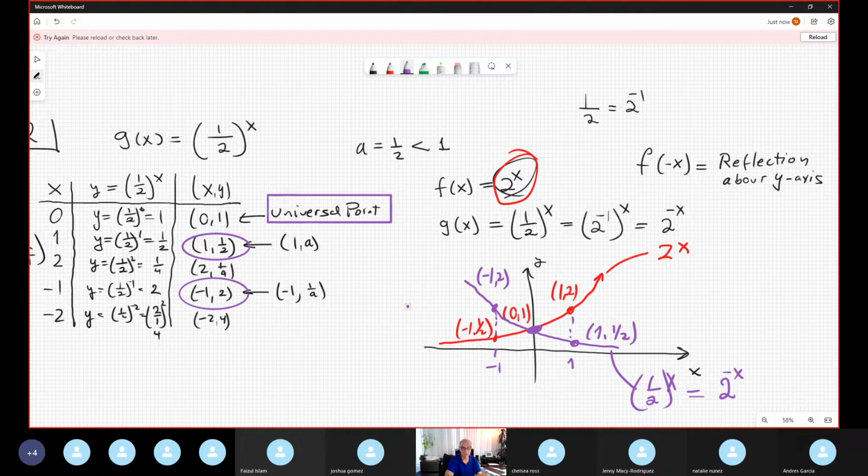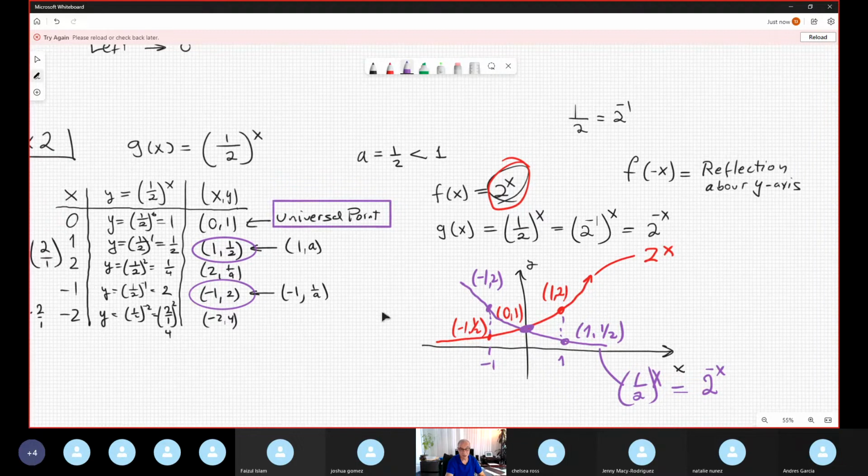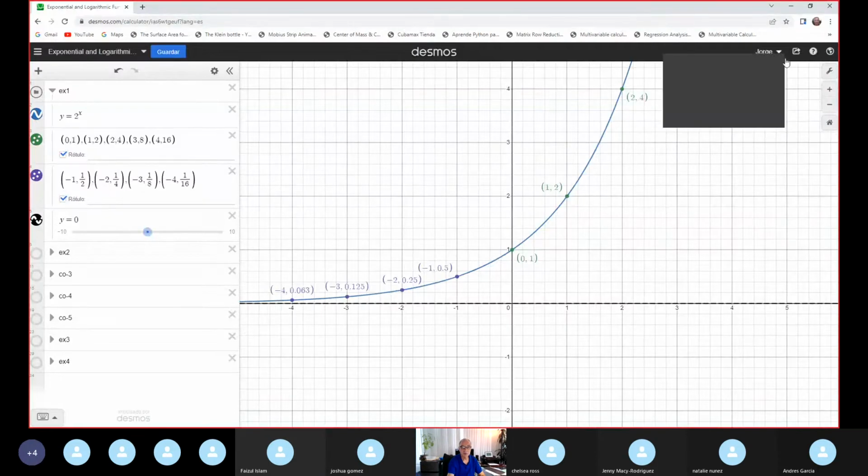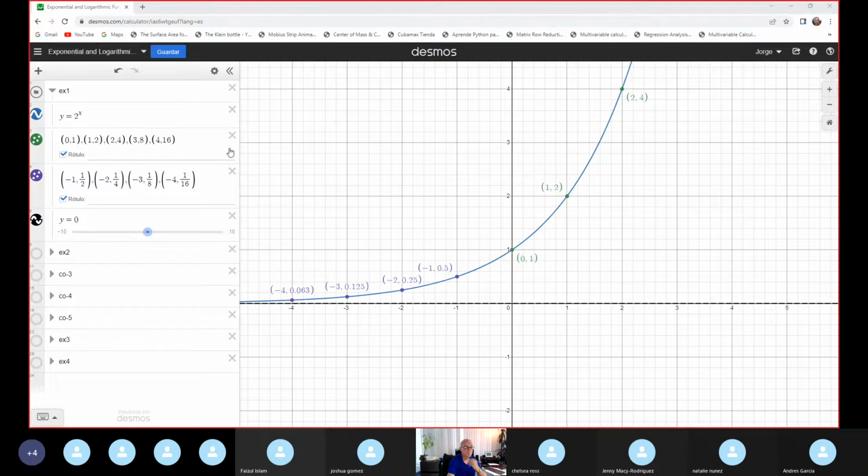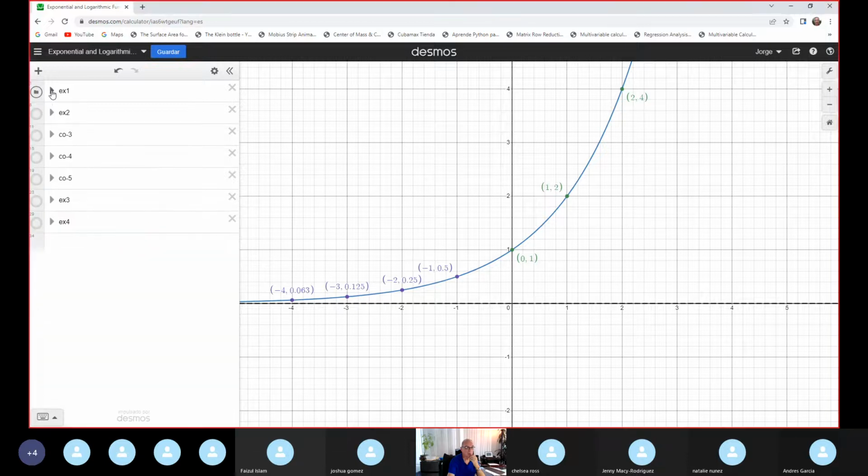Any questions so far? Let me show you in Desmos the graph of the 1/2 raised to the x power. You see Desmos? Yes. This is only example 1. Example 2.